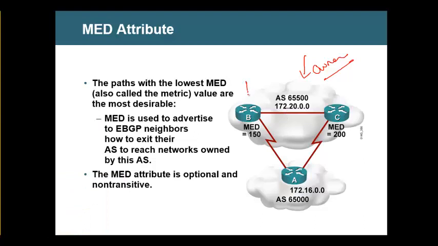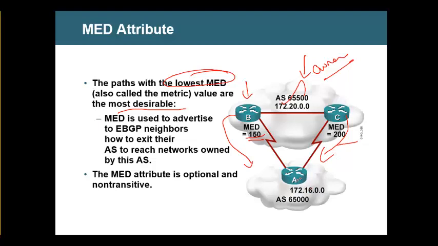B router is set to lower MED than C. Lower is always preferred. Lowest MED is most desirable, preferred. So B will be advertising this network with MED 150. C will advertise the same network with 200.